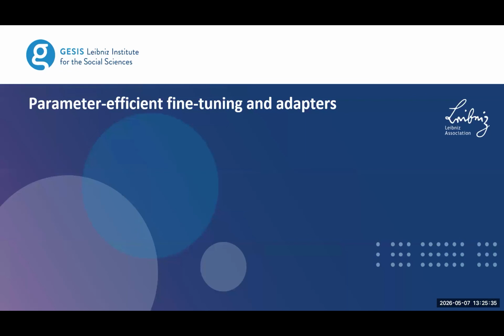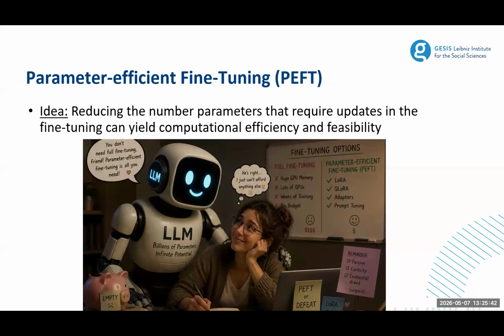Okay, and this now leads us finally to adapters. So we have seen that the main issue is the number of parameters that need to be updated in the training. Therefore, the idea here is the so-called parameter efficient fine-tuning, which is the overarching idea that adapters also fall under, but there are also other methods.